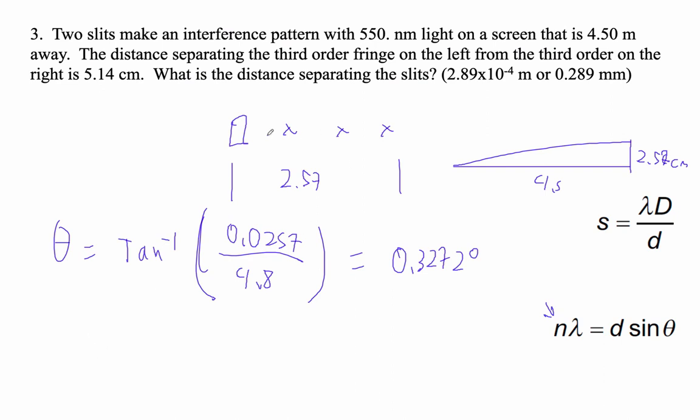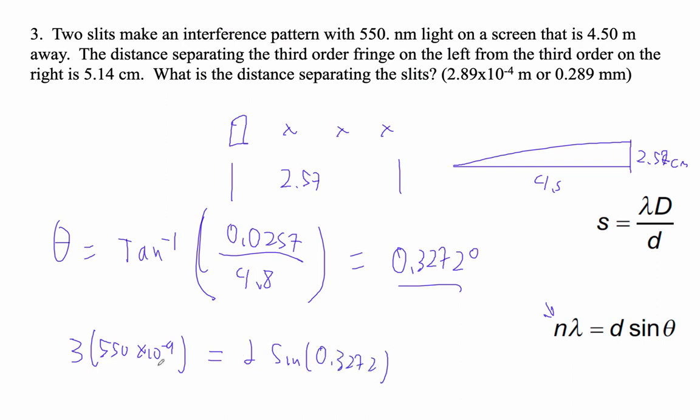Okay, this is the third order fringe, so we're going to go 3 times 550 times 10 to the minus 9th equals d that we don't know, times the sine of the angle that we do know, right?